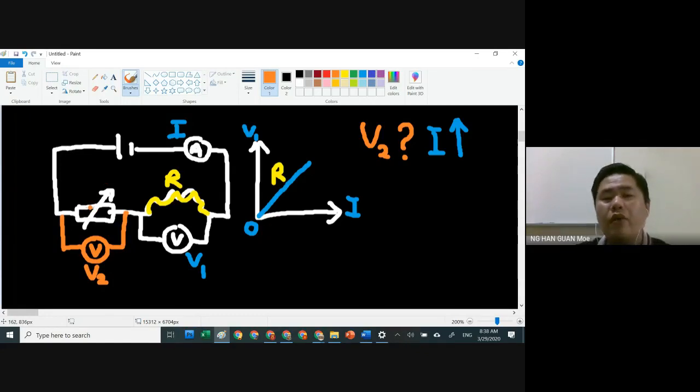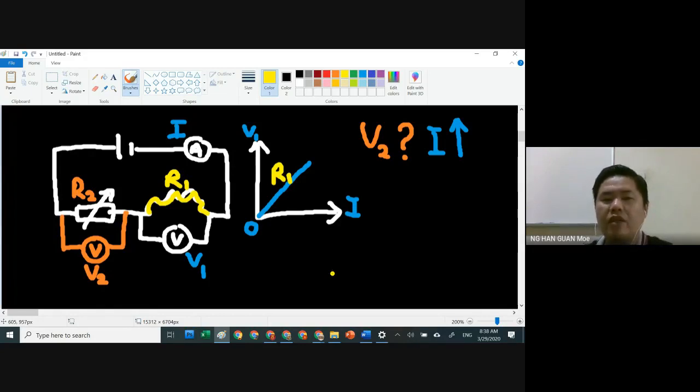So when we adjust the rheostat, we are changing the circuit's effective resistance. If I put the rheostat resistance as R2, then I put this one as R1. R1 is fixed.